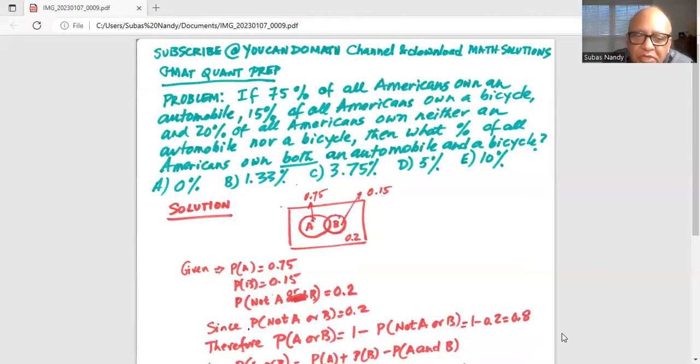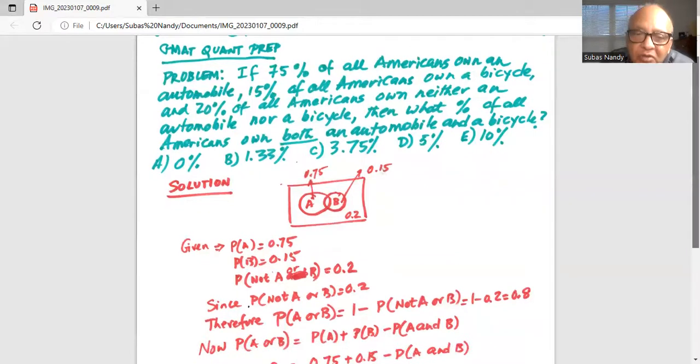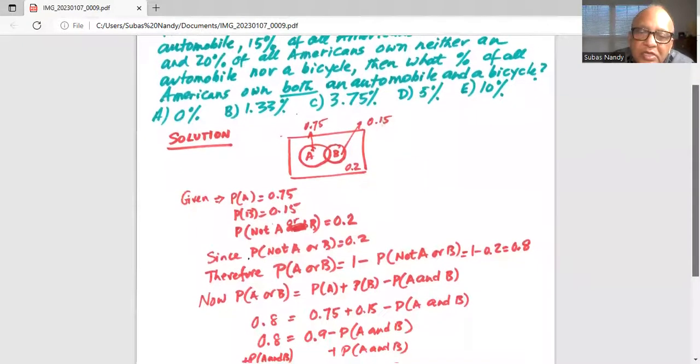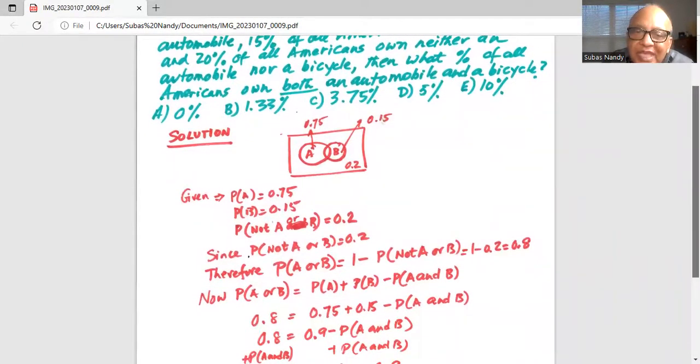So since probability of not A or B is equal to 0.2, the probability of A or B, which is the complement event of not A or B, is therefore equal to 1 minus probability of not A or B. So probability of A or B is 1 minus 0.2, which is 0.8.